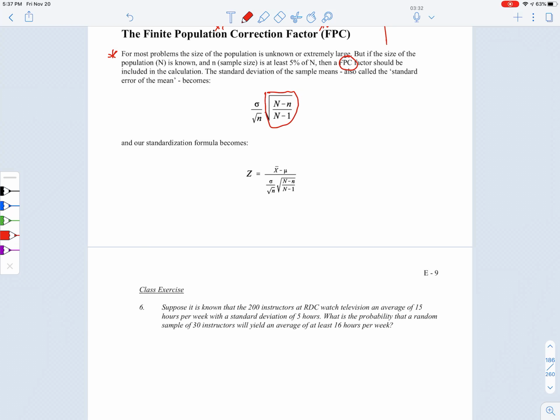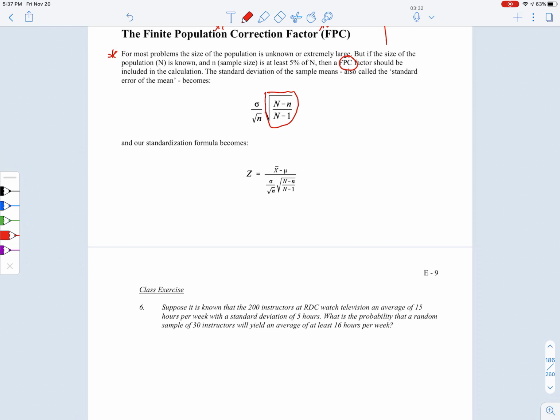What it does, when we get into confidence intervals, is make the confidence interval smaller, representing that there's less uncertainty about our estimate. It'll make more sense when we get into confidence intervals, so you just want to hold that one for now.